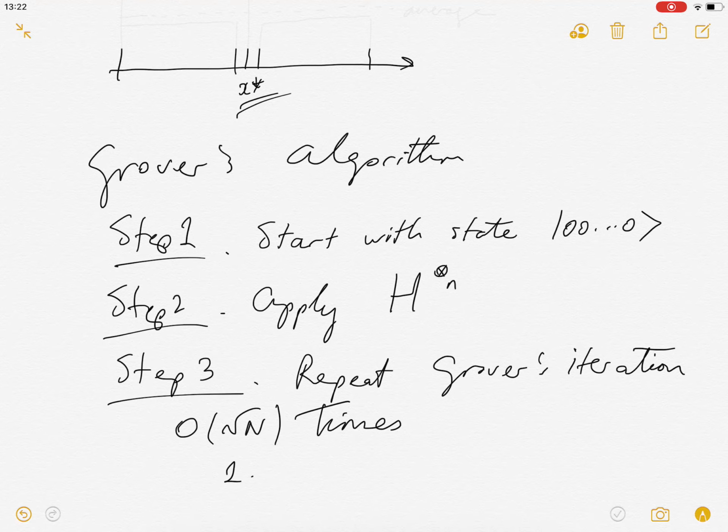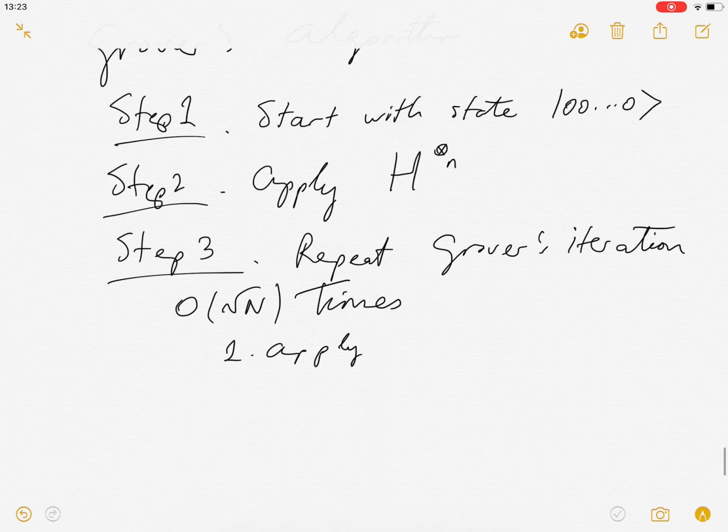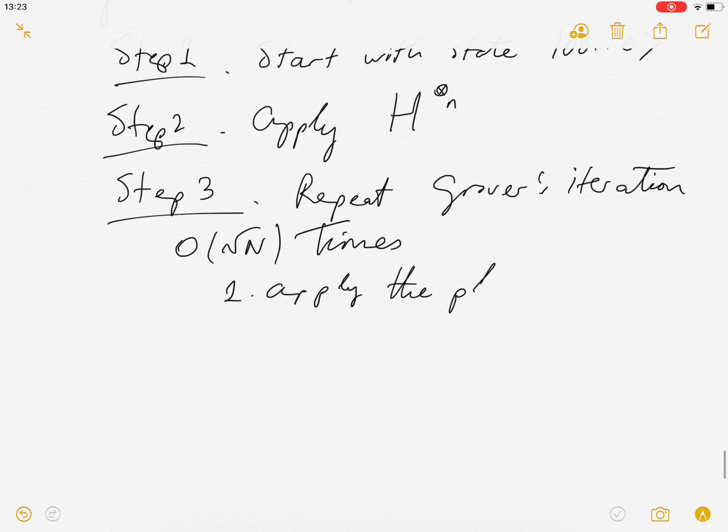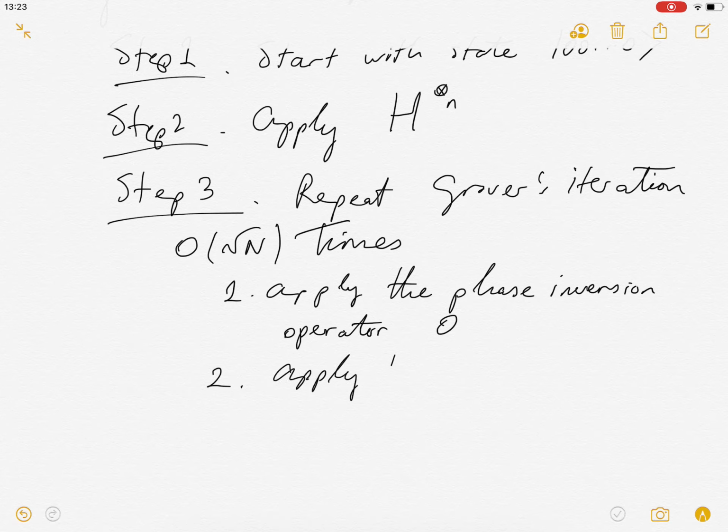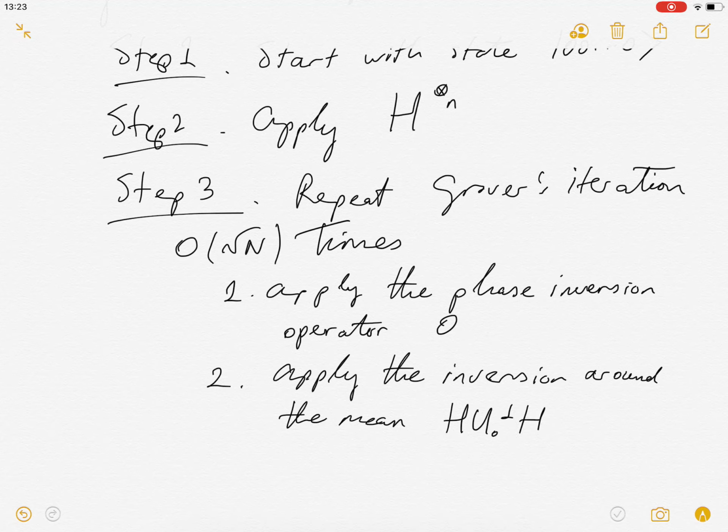That is, we first apply the phase inversion, the oracle O, and then the next step of the iteration is to apply the inversion around the mean. And then we measure the qubits.